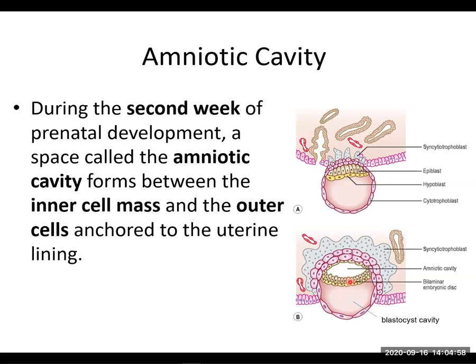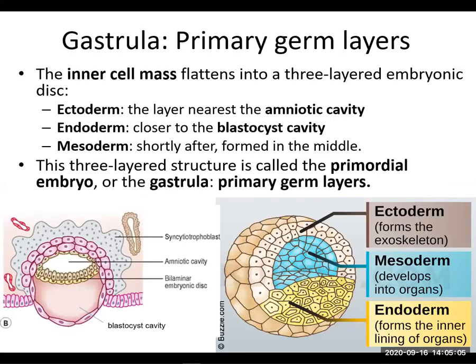So these two layers will become three layers. These three layers are called germ layers. So here are the two layers. Of the two layers, the one facing the amniotic cavity is called the ectoderm, because ecto means outside, meaning that this is the outside.